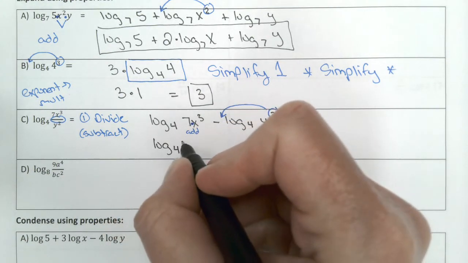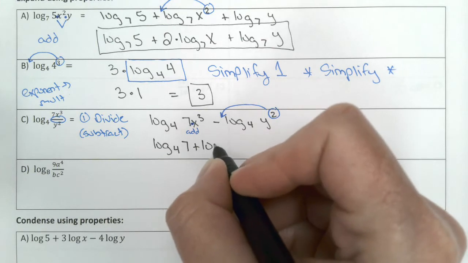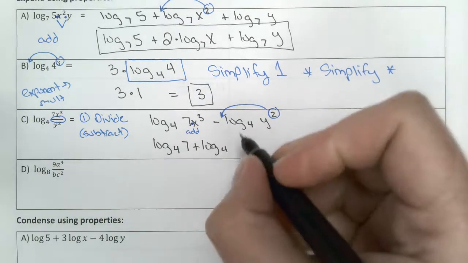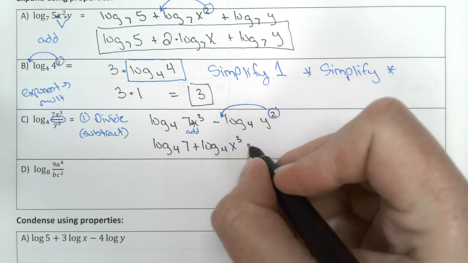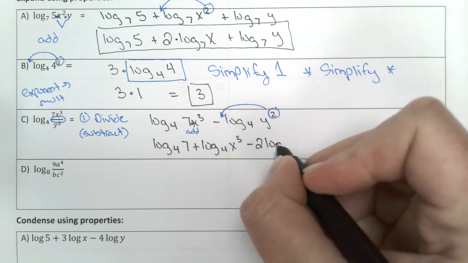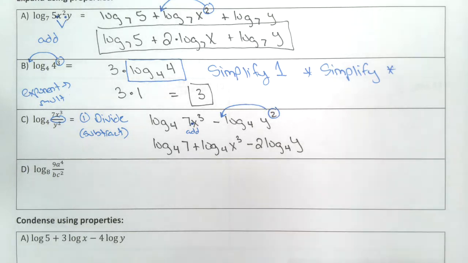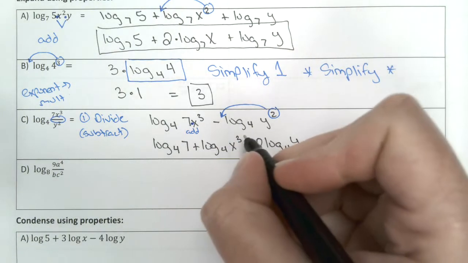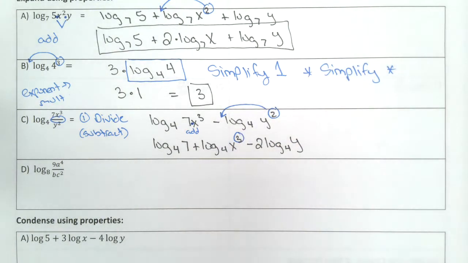So I have log base 4 of 7 plus log base 4 of x to the third minus 2 log base 4 of y. And then in fully expanded, you're not allowed to have any exponents.